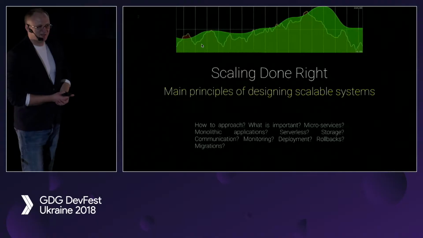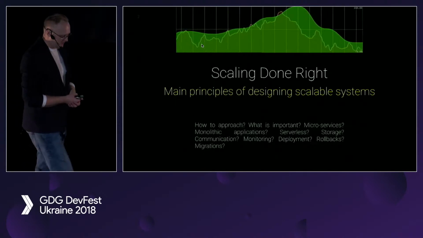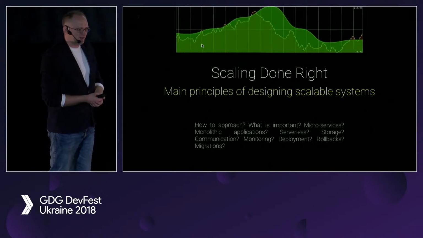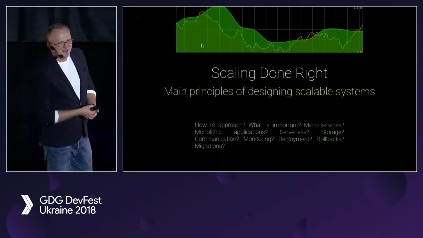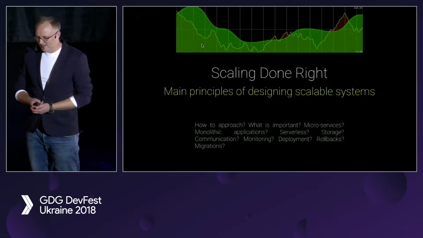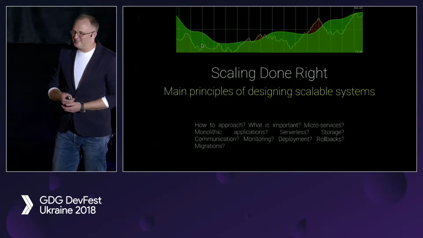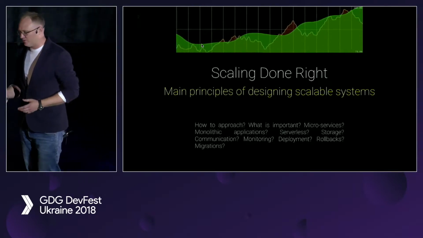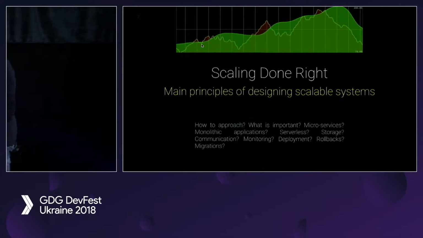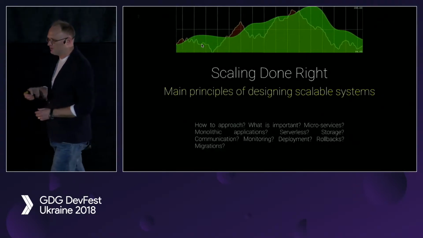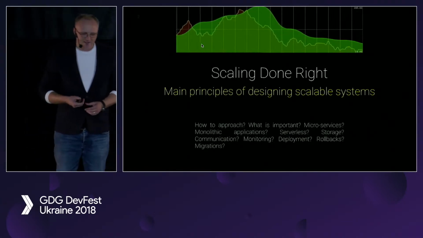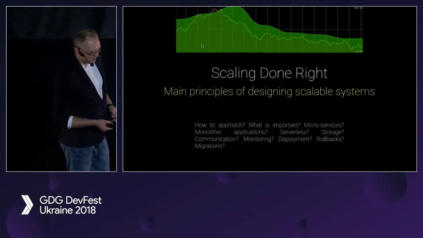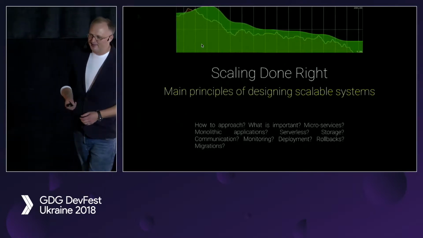Now, I would like to share my experience of how systems like Google Home, which at Amazon is called Alexa, are designed, and what the main principles are of building applications that can scale to millions of users all over the world, 24 hours a day.